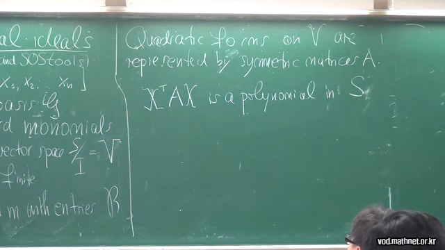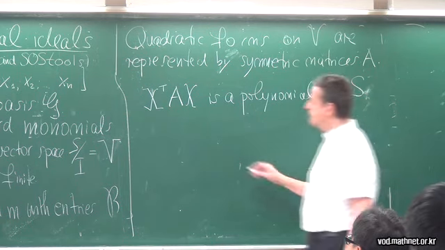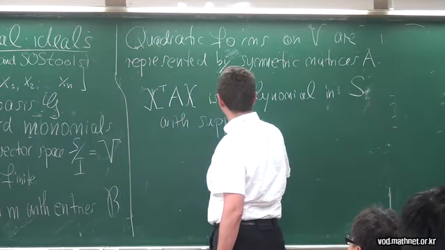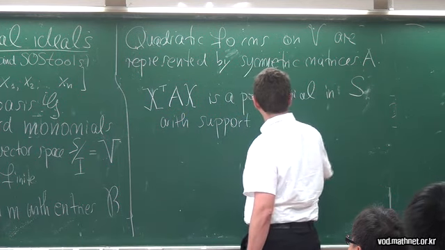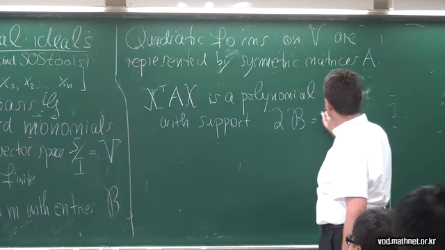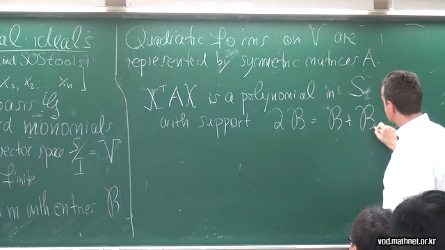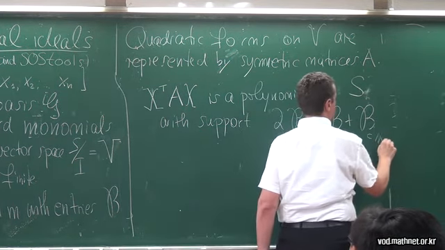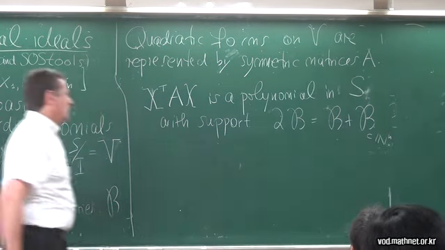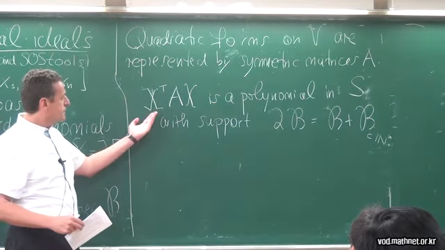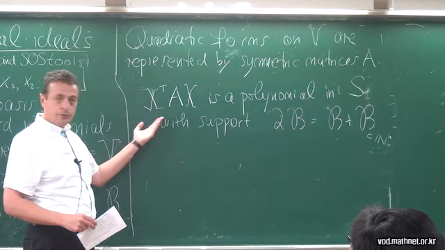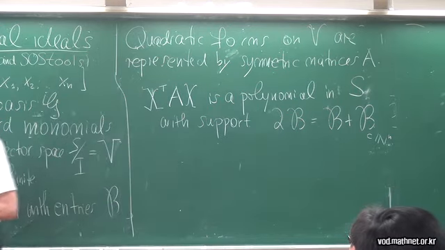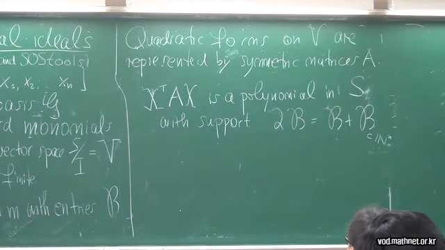So this polynomial has support 2 times B, by which I mean B plus B, the Minkowski sum, as vectors in N to the n. Because it's quadratic in the entries of X, which are the elements of B, you multiply and get a monomial in X times some other monomial in X. Those are the monomials in 2 times B. So twice the Newton polytope.